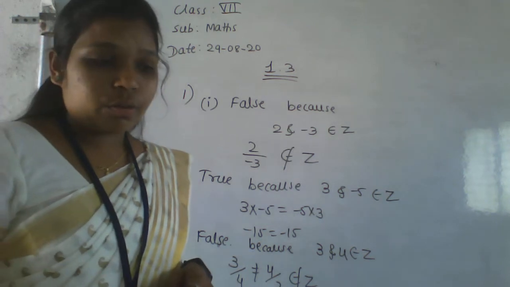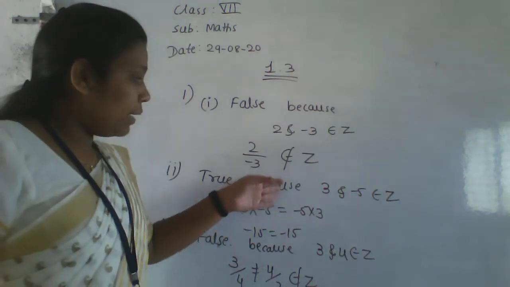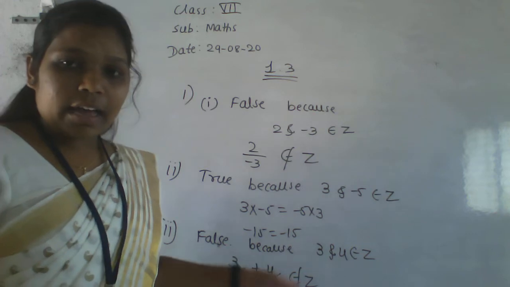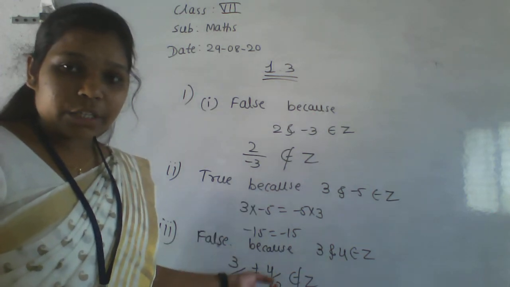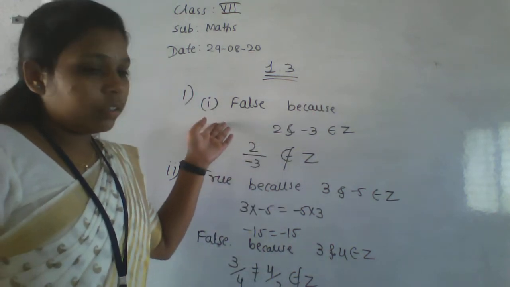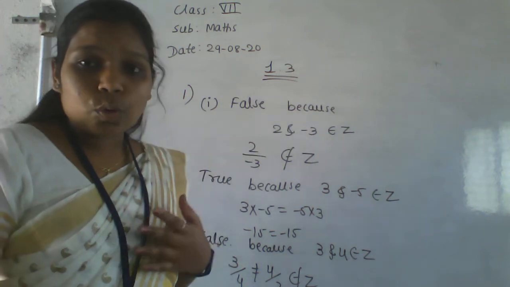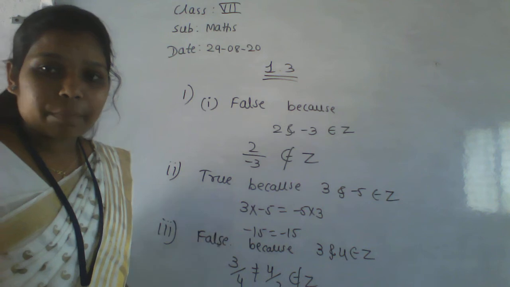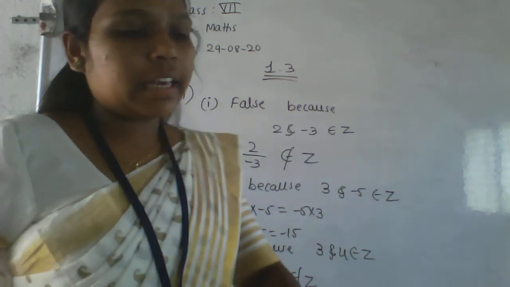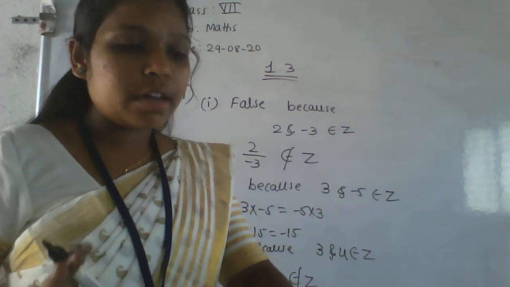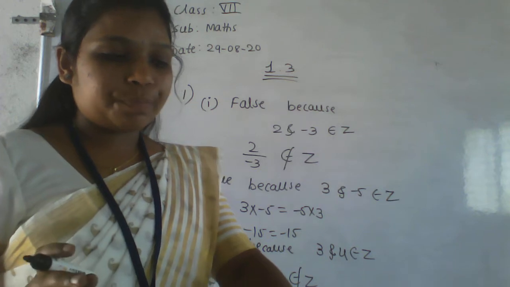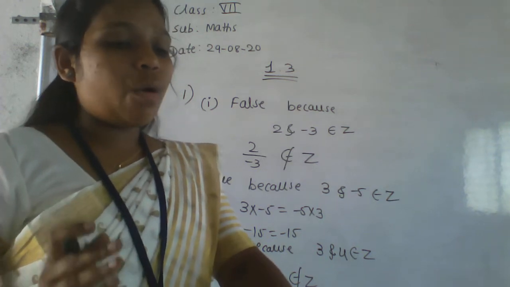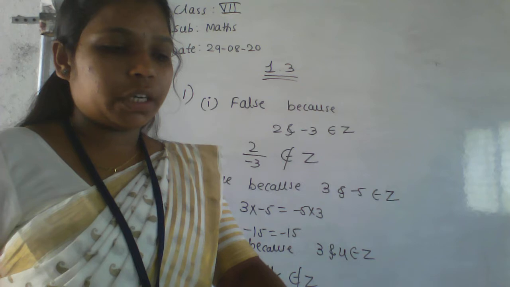Don't write this one, multiplicative inverse for the identity and commutative multiplication under the division. So don't write like this. Whatever they have given here, you have to write the example for that. Here they have given the distributive property of division over the addition holds good in case of integers.